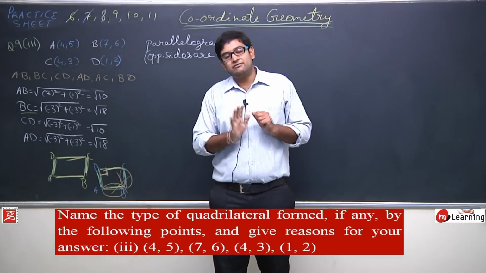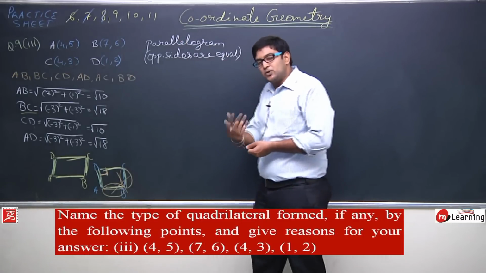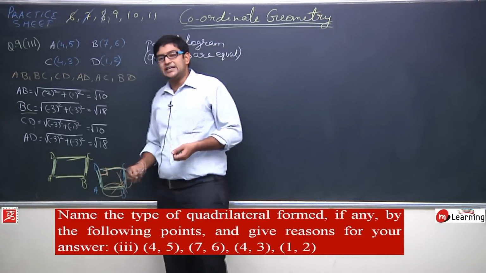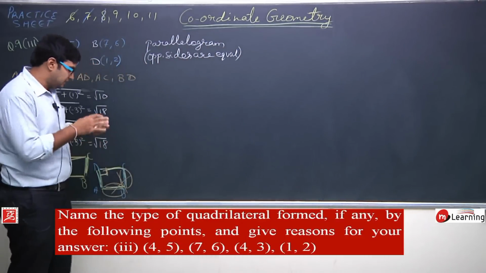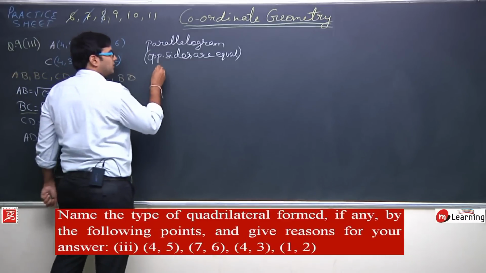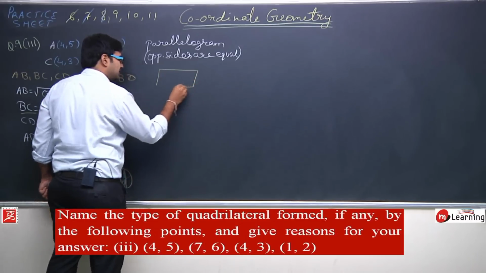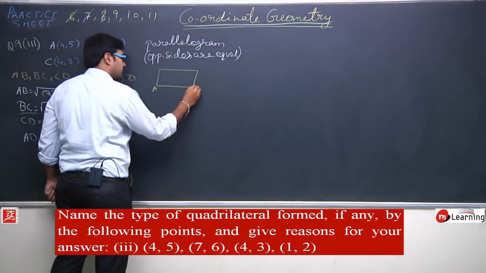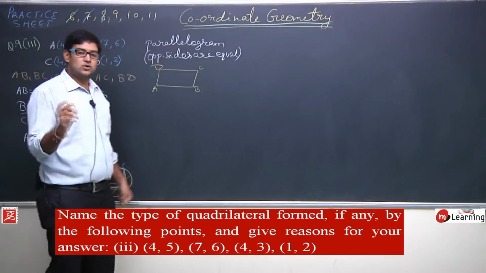Okay, till now I have just proved that this is a parallelogram. So can we try to prove that one of the angles is 90 degrees? Yes, it's very easy. Again the same process, same method that we applied to prove a rhombus as a square. This is our ABCD parallelogram.